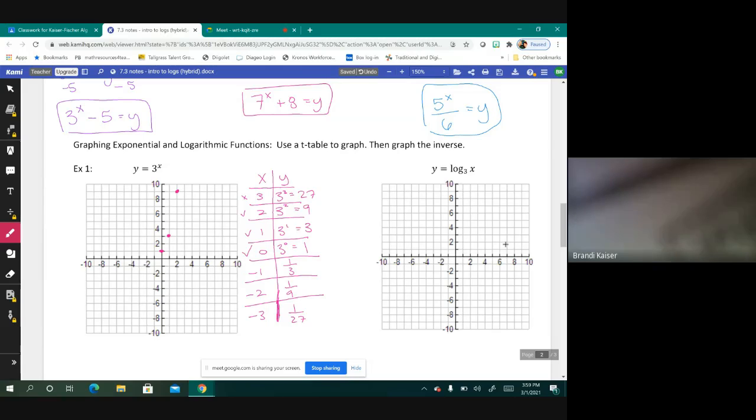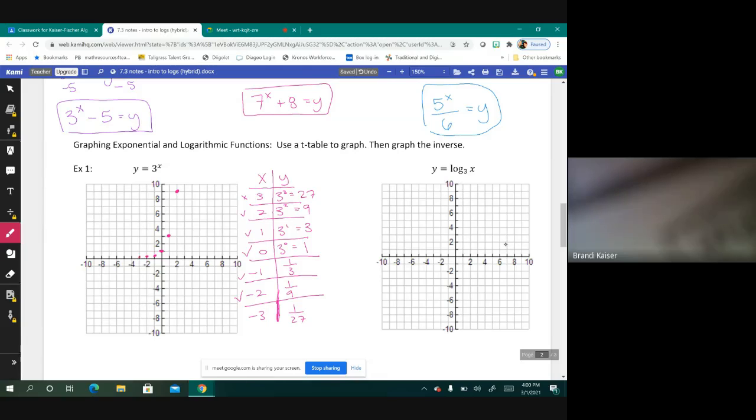And then remember, when it comes to these fractions, just do your best. So I know I need to go -1, but 1/3 is between 0 and 1. So I'm going to plot it somewhere in between there. Okay. -2, 1/9. So left 2, 1/9 is between 0 and 1, so I'll plot it just above. And then -3 and 1 over 27.